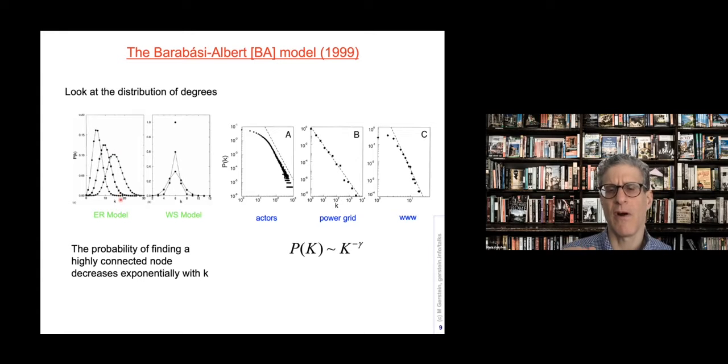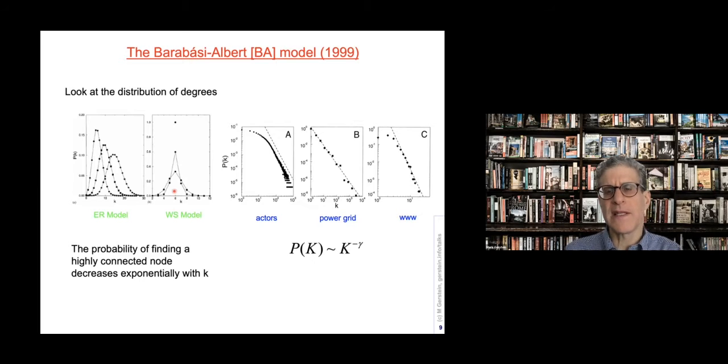So the P_ER talks about the average degree, the amount of connections you're going to have. And then you can have some nodes that have more and some that have less, but it's going to be distributed around that. And that value is a characteristic scale for the network. So on average, you have this amount of connectivity. And the Watts-Strogatz model has a similar type of scale, the characteristic degree or connectivity that you have.